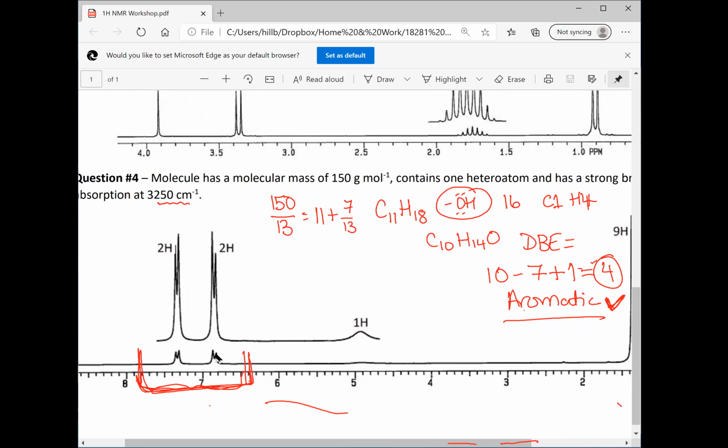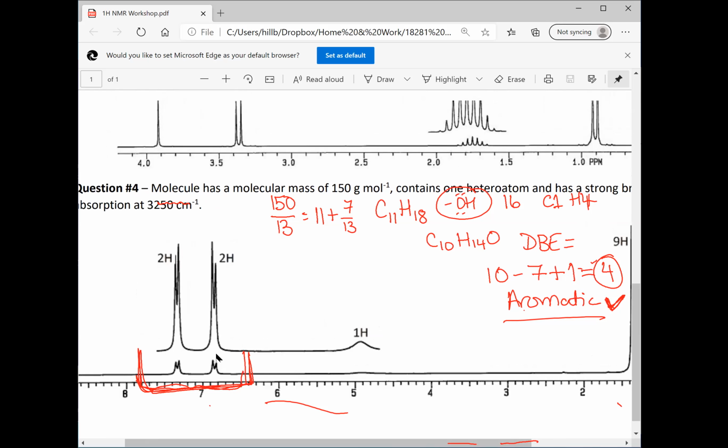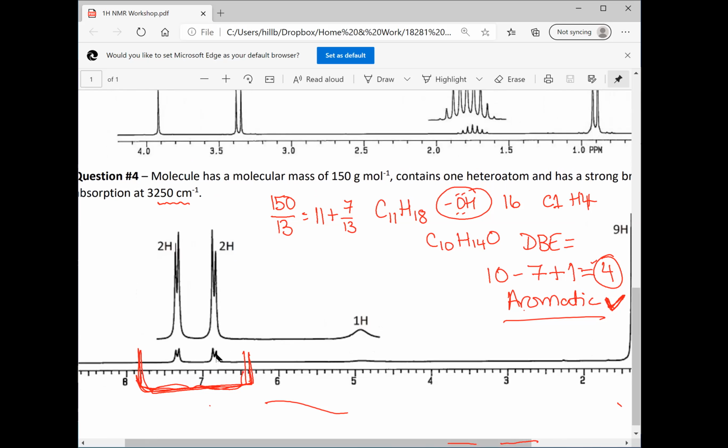Yeah, we'll start class on Thursday. We'll just finish this off, but give it a crack. In the infrared, we could use the out of plane bands to determine if it was ortho, para, meta, that type of stuff.